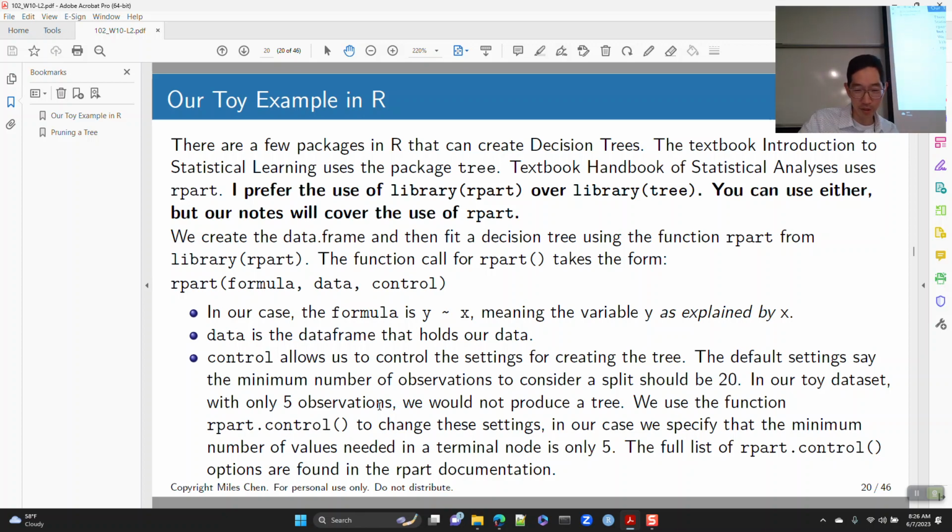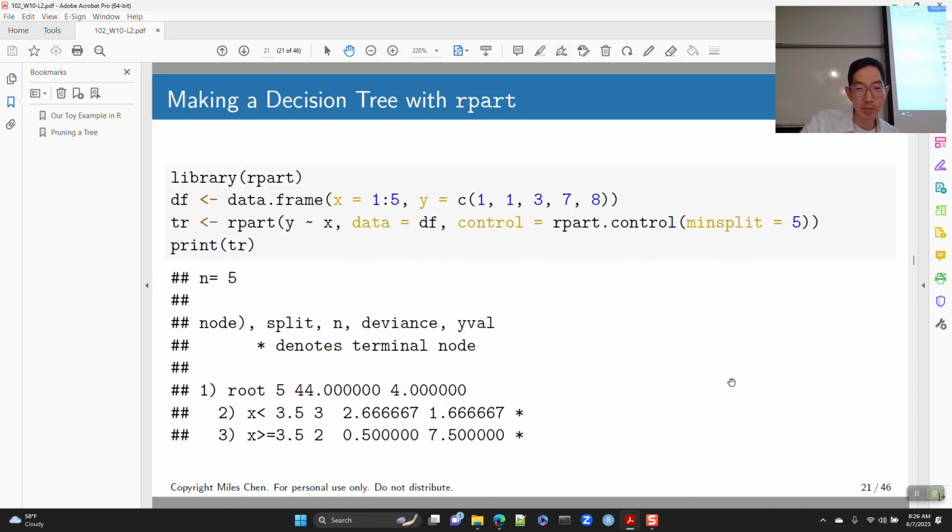But because I've got such a tiny little data set for my toy example, I have to change the control. I think the default for the minimum number of observations to consider a split is 20 observations, but we're going to say minimum split is 5 because that's how many observations I have here.